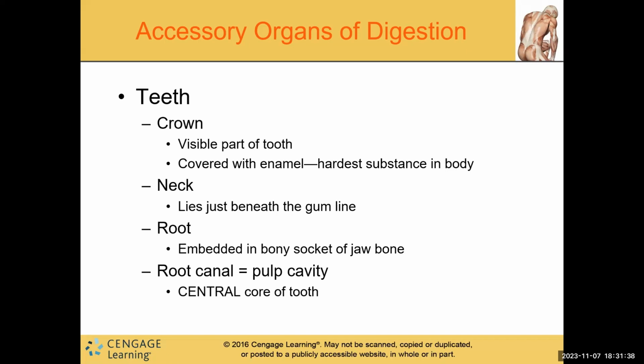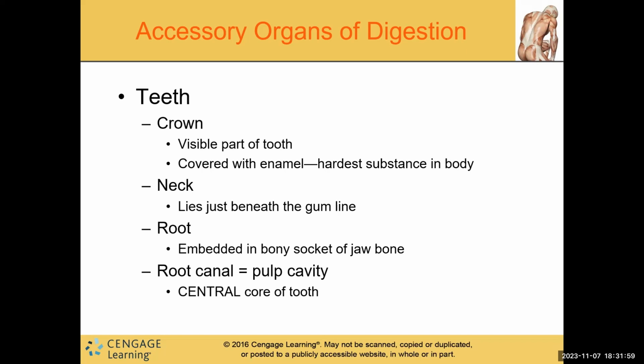And then, when we get decay, that's where sugars and other things have broken down the enamel and then gone and started to destroy the tooth. And that's where we have to get fillings and things like that, root canals.